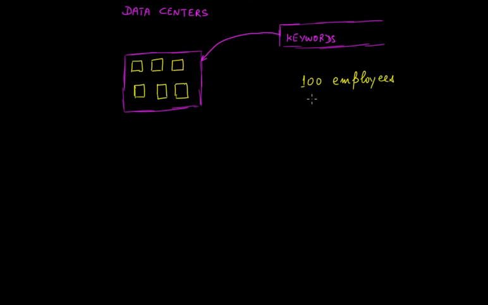But out of these 100 employees, only person A, person B, person C, person D, only these 4 people will have access to this room where these machines are located. So this would come under the policy.